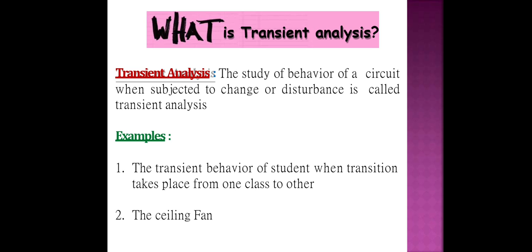That is the transient analysis: how we analyze the behavior of the student in a particular class, how they are acting, during the transition period from the first to the 7th hour, right? We need to analyze the behavior of an object, or a circuit, or a student, whatever it may be. This is the transient analysis actually.